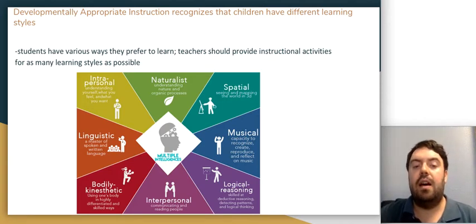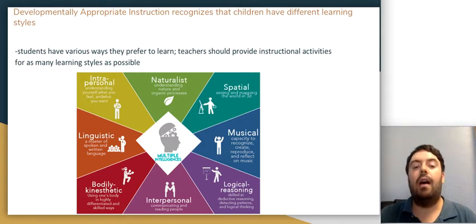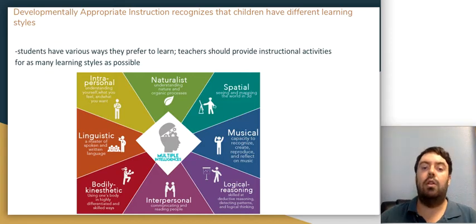But basically, children have different intelligences. They all have elements of each one, but some children have certain learning preferences or certain intelligences that are more predominant in those students, that are more likely to be students' preferences for their learning.